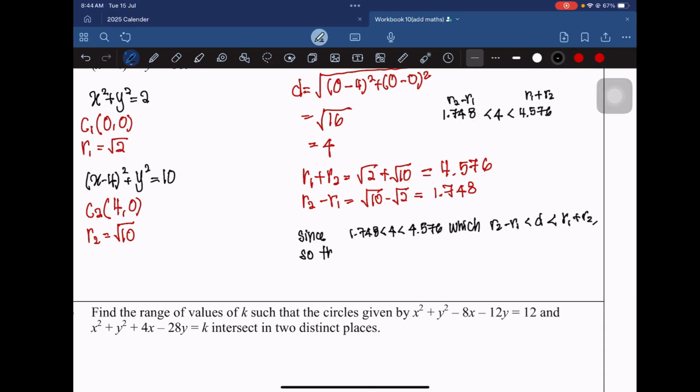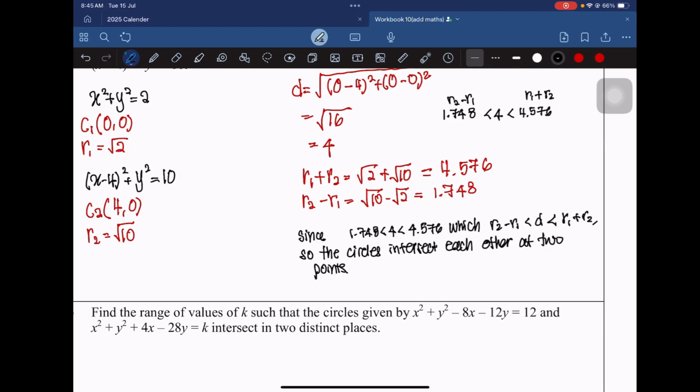So the circles intersect each other at 2 points. Okay, that's what it means.